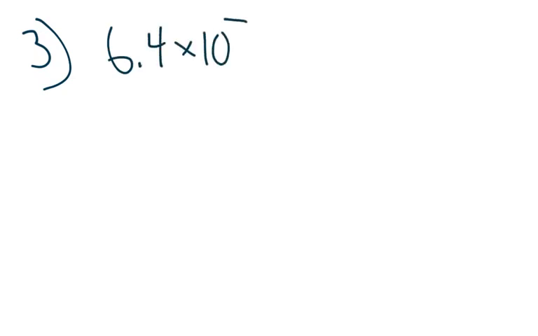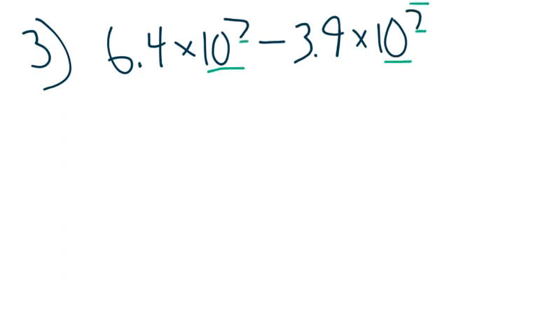Now, let's do a subtraction example. So let's say we have 6.4 times 10 to the 7th, not plus, minus 3.9 times 10 to the 7th. So again, check, make sure we have the same exponents. We do. So that's going to be locked into place, 10 to the 7th, until the very end, maybe.